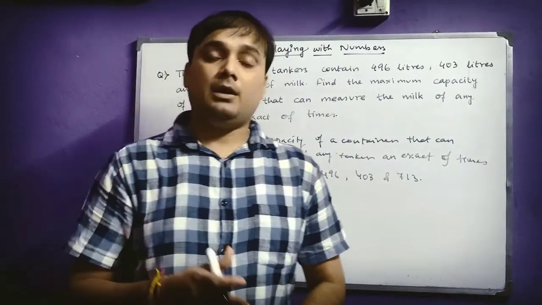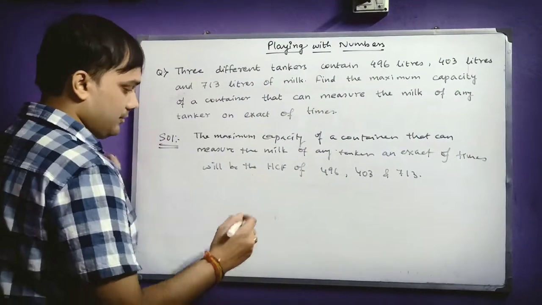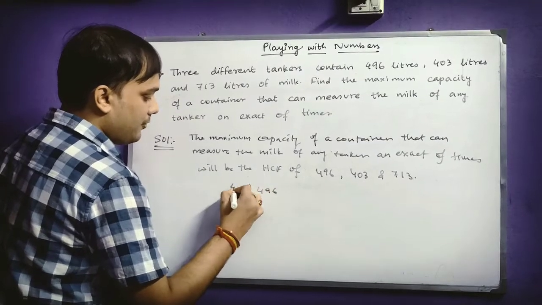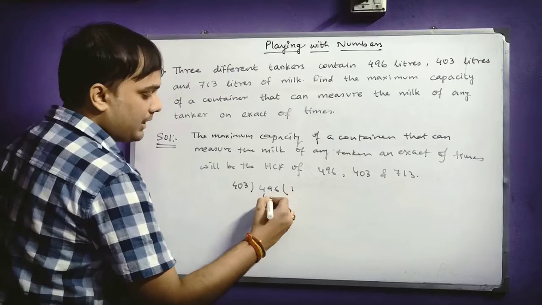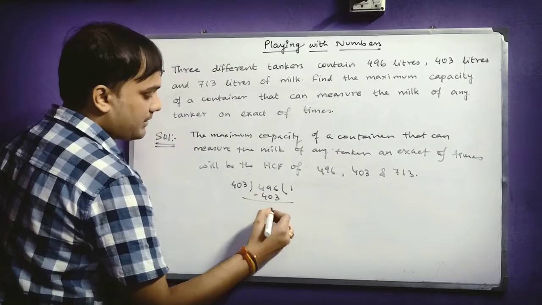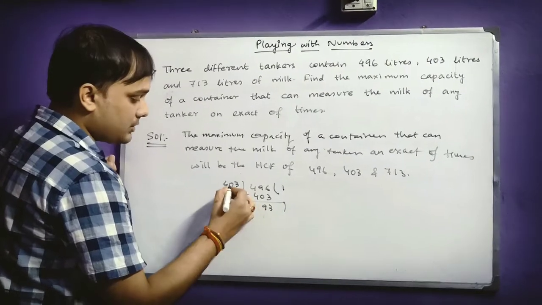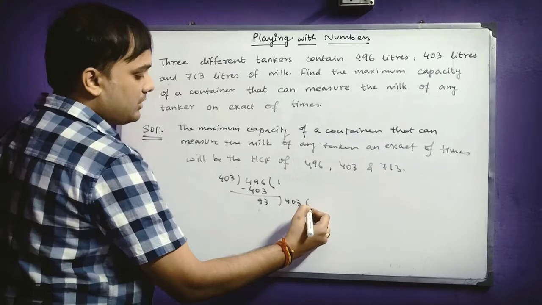I will be solving it by the division method. So let us solve. 496 divided by 403. 1 times 403 is 403. Subtract, it will be 93. The remainder is not 0, so this will come down. 93 into how much? Take 4.